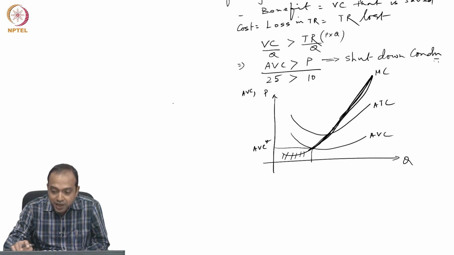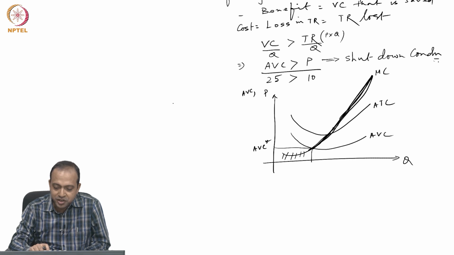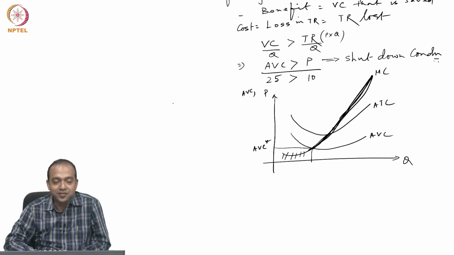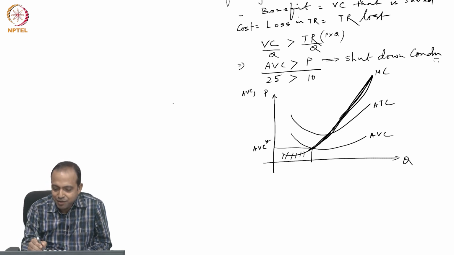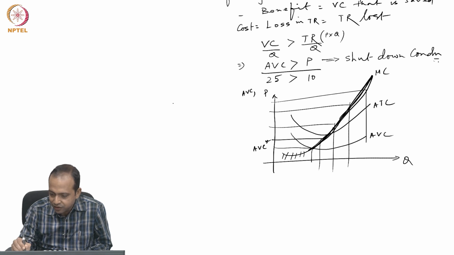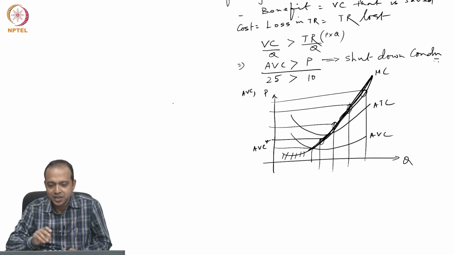This portion of the MC is not the supply curve, because here price is actually less than AVC. All right. So, any price at which this is relevant, these are all relevant, because here price is greater than AVC.